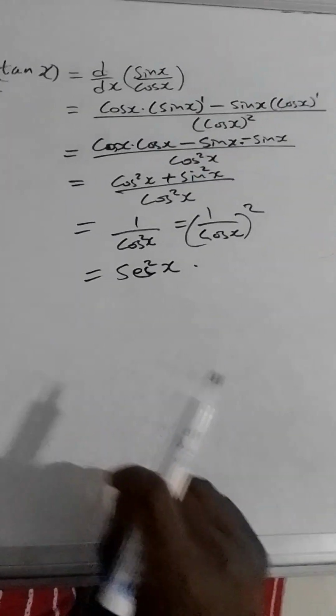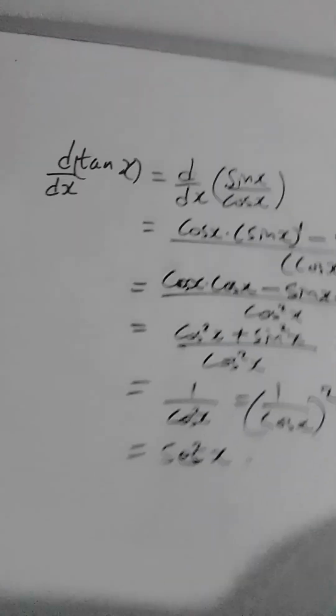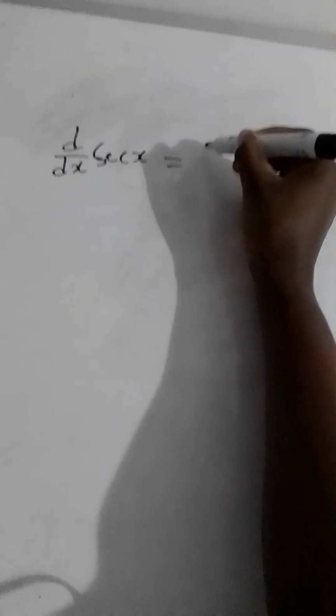Okay, so just to do the one for sec, I'm going to erase here. So to do the derivative for sec, we have d/dx of sec x with respect to x. We know that sec is the reciprocal identity.